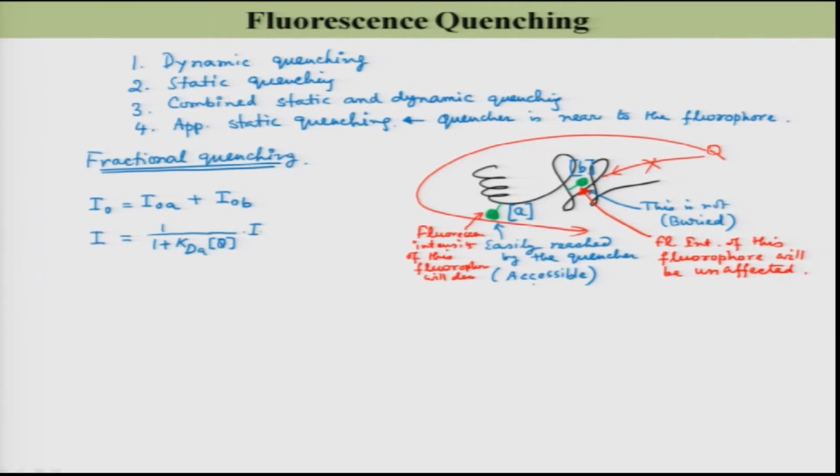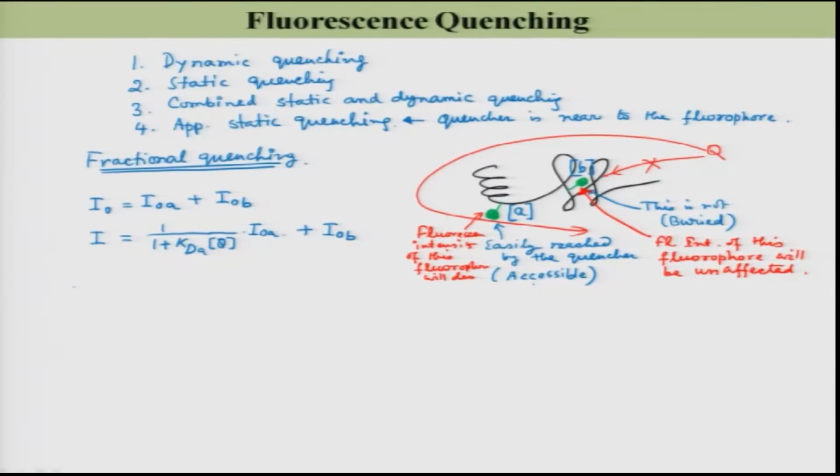Remember I 0 by I equal to 1 plus K d A into Q. From here I have written plus I 0 B, because the I 0 B fluorescence is unaffected; the quencher cannot reach site B to quench the fluorescence of this fluorophore, which is marked as B. So, I 0 B will be I 0 B even after you add the quencher molecule, clear.